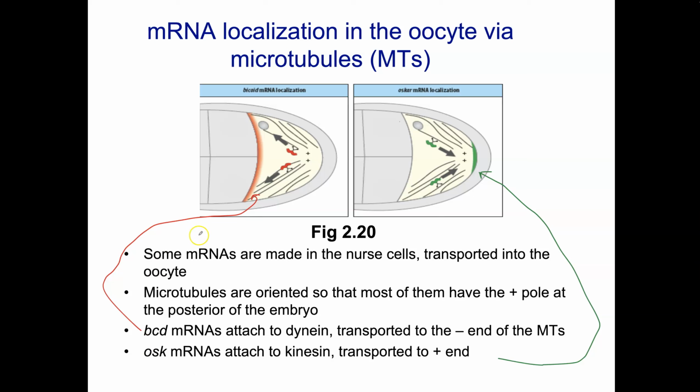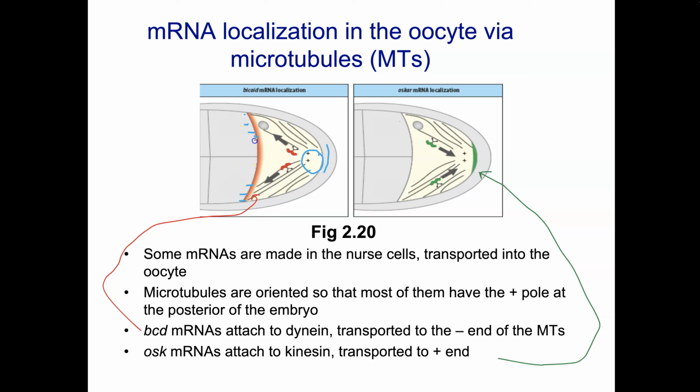Okay, so now we have this anterior-posterior specification. The follicle cells here know that they're posterior, and that leads, through a variety of mechanisms, to a change in the microtubule organization. The microtubules all rearrange themselves so that the plus ends of the microtubules are at the posterior end, and the minus ends are along the anterior end.